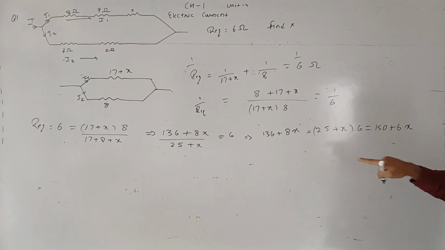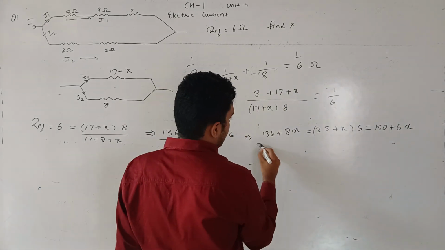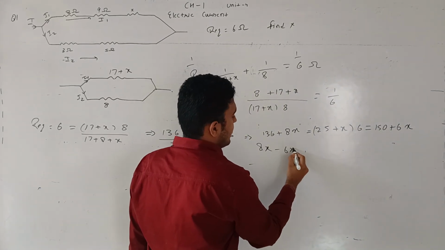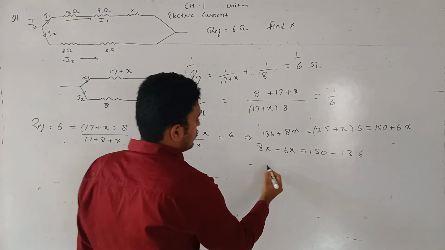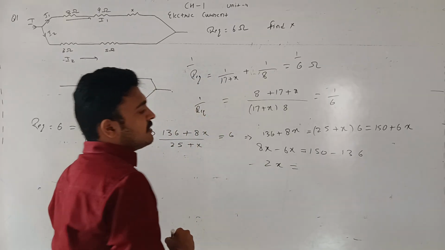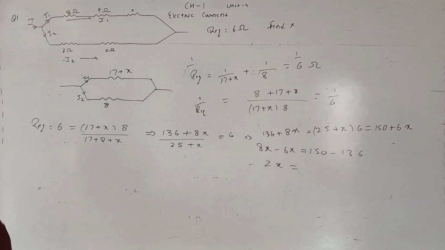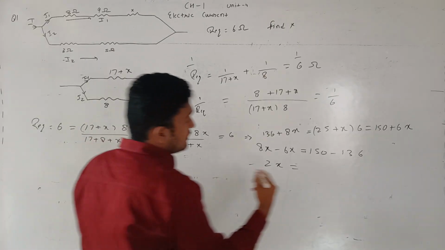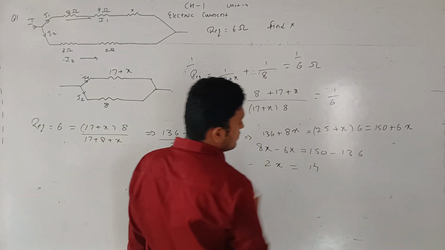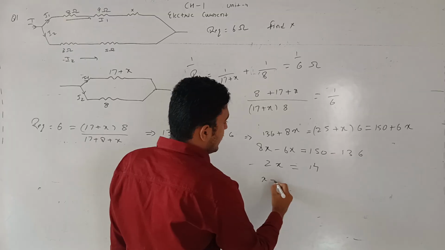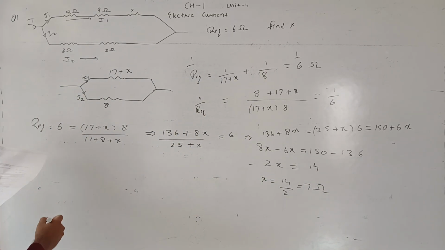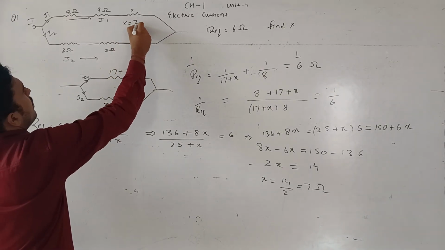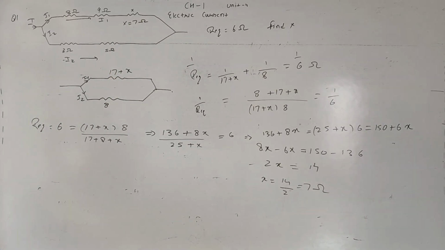Then 8X minus 6X is equal to 150 minus 136, so 2X is equal to 14, and X comes out to be 14 by 2, which is 7 ohm. So the unknown resistance is 7 ohm. This was our first numerical. Now we'll move to the second numerical.